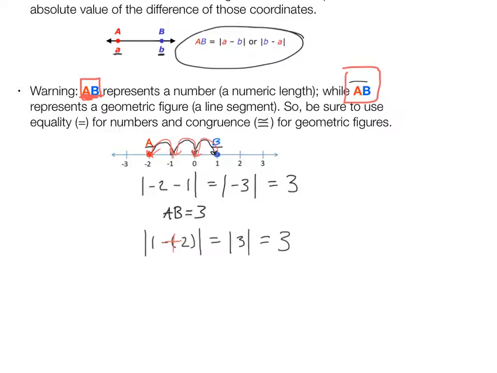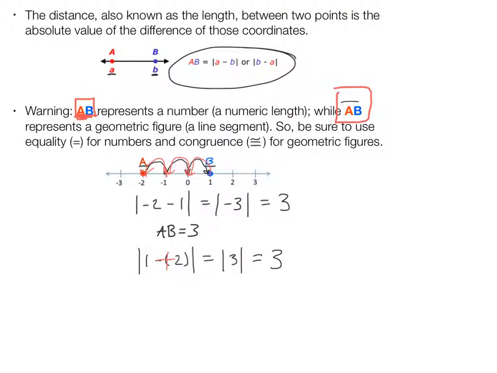So, if we were saying segment AB, we would have to say is congruent to segment CD. And each one of these has to have a hat on it, okay?